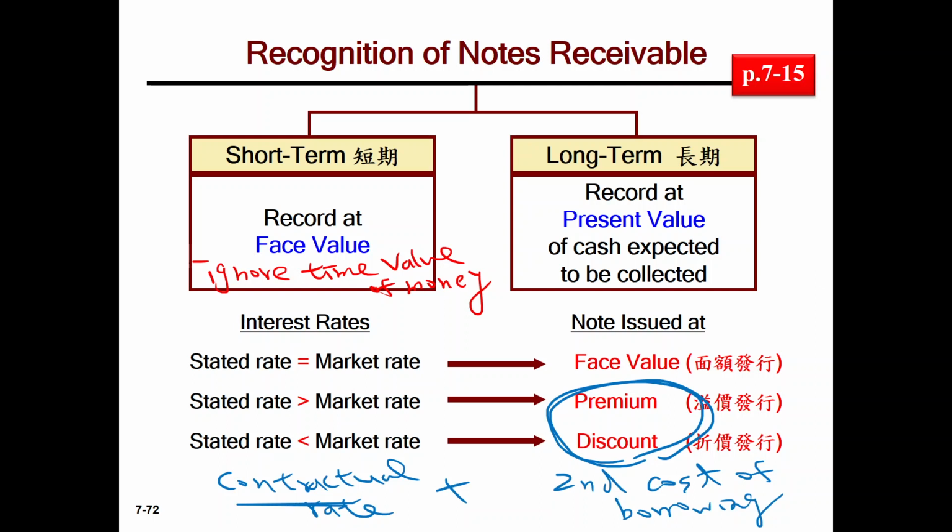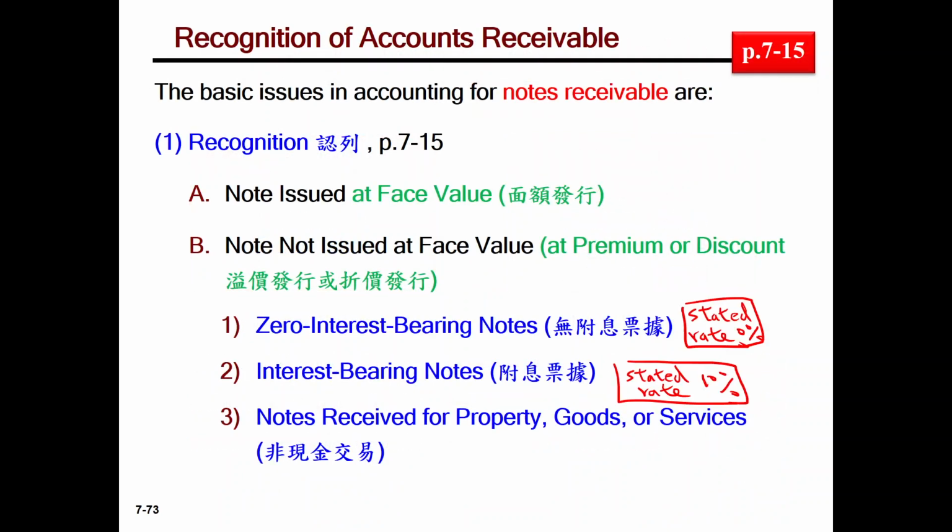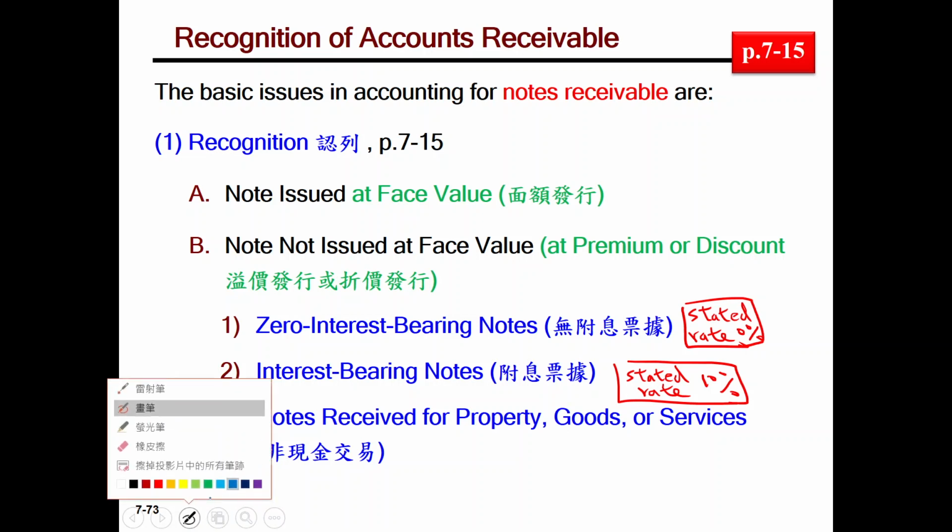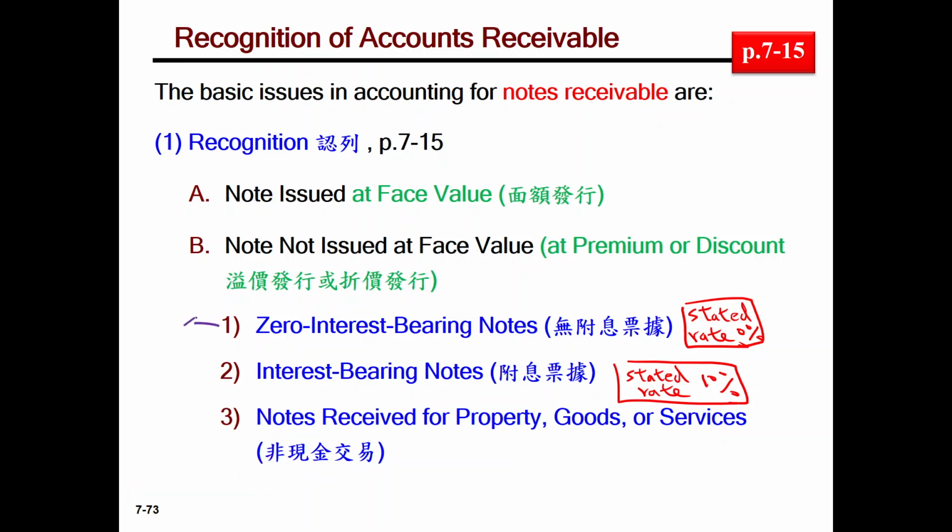So for your zero interest bearing note, your interest is all included in the discount or premium. Okay? Any questions?